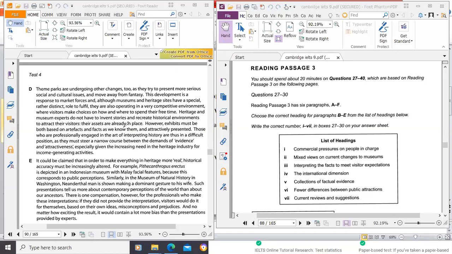For instance, in your writing task two, they have asked you to talk about, I'm just coming up with a question now: do you agree that having computers in classes has made students lazy?